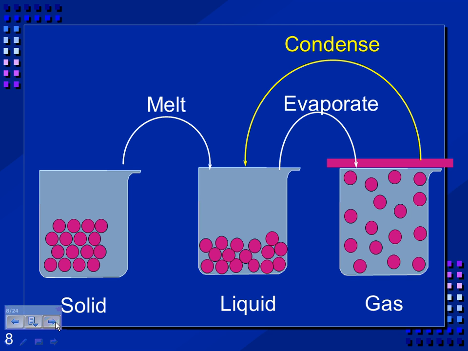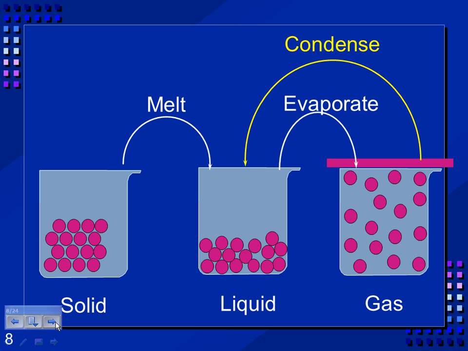If you've ever had a cold drink outside in the summer, you notice that the cup becomes wet on the outside, and we say the glass is sweating. Well, the liquid's not coming from the inside of the cup. If it is, you probably need to get a different cup.